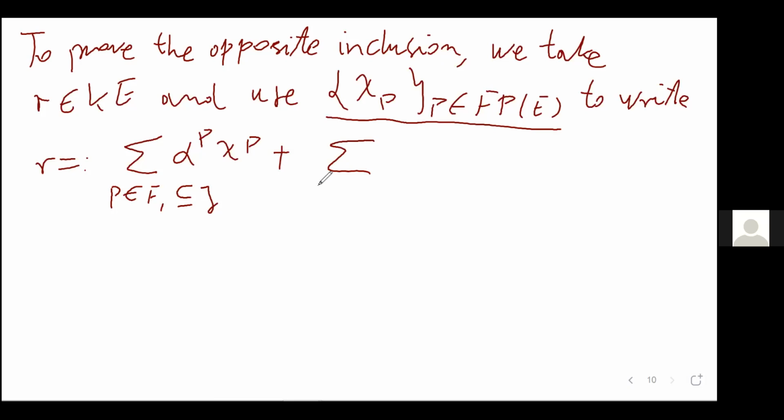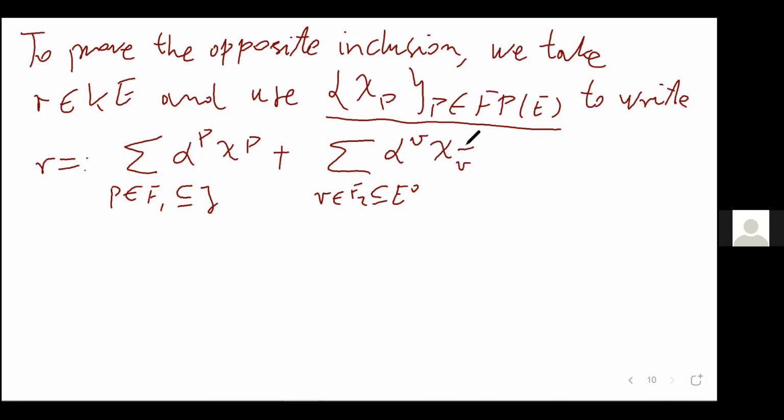Okay, so I'm summing over some F2, which is in the set of vertices. Well, here it's obvious that F2 is finite because E0 is finite. And I write alpha V, chi V.